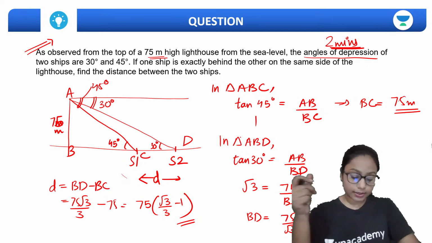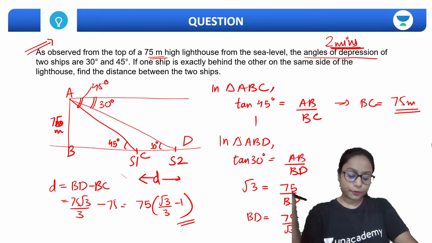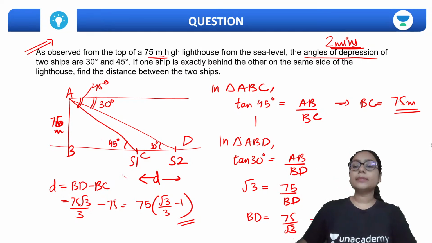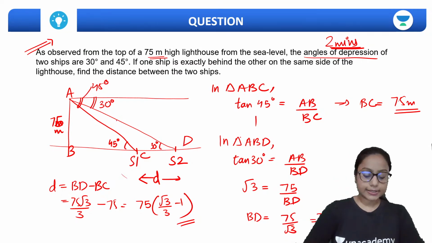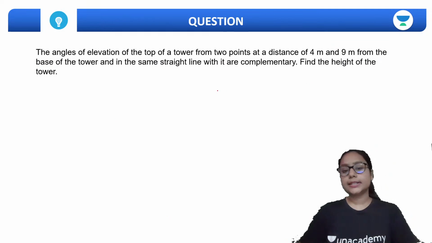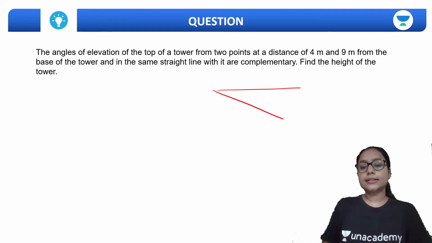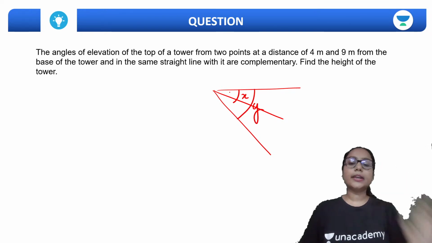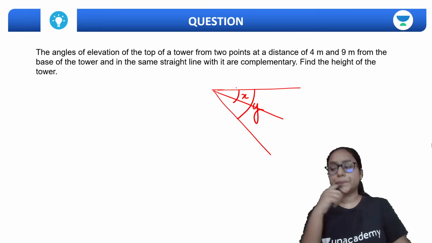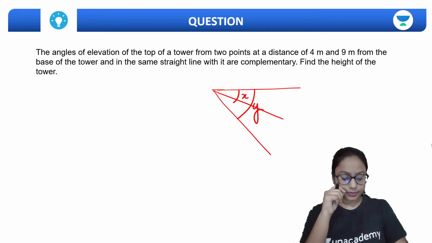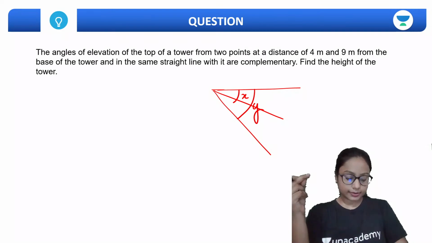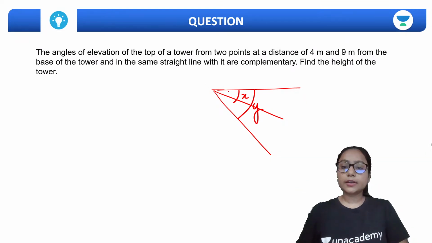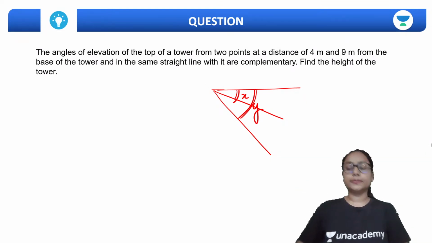Yes, Ankit, definitely there is a problem if you take 30 in place of 45 and 45 in place of 30. It is not possible. Why is it not possible? I'll explain. See, if you have two angles like this, angle X and this is angle Y, which angle will be greater, by just looking at the figure?